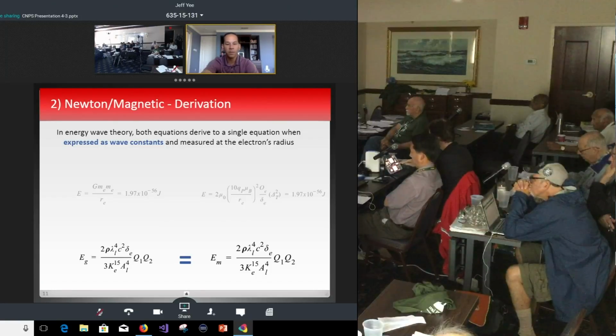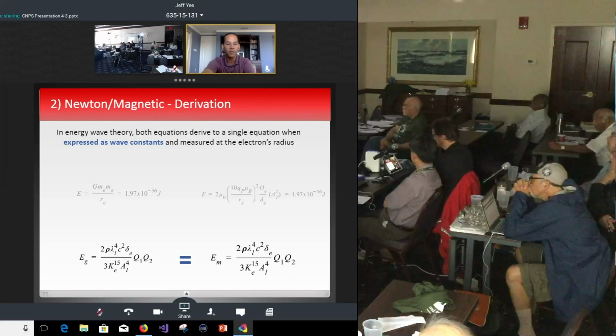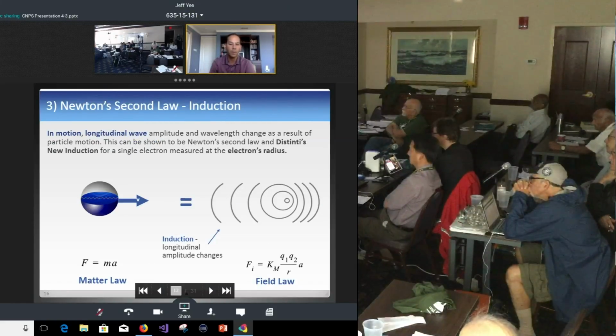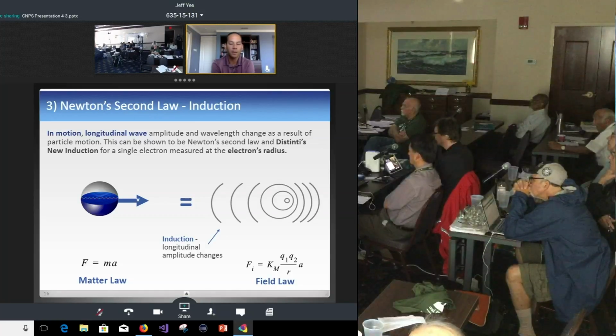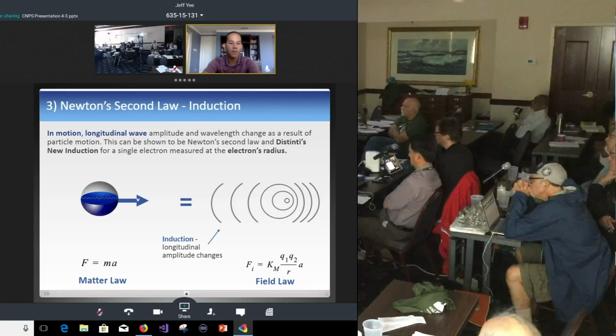Now the next 2 become a lot easier again. But now we get into motion. So that was in a longitudinal wave and a transverse wave for a particle at rest. Now, electromagnetism. And I'm going to cover induction and electromagnetism. One is in motion for a longitudinal wave. The representation of matter law, of course, is Newton's second law, F equals ma.